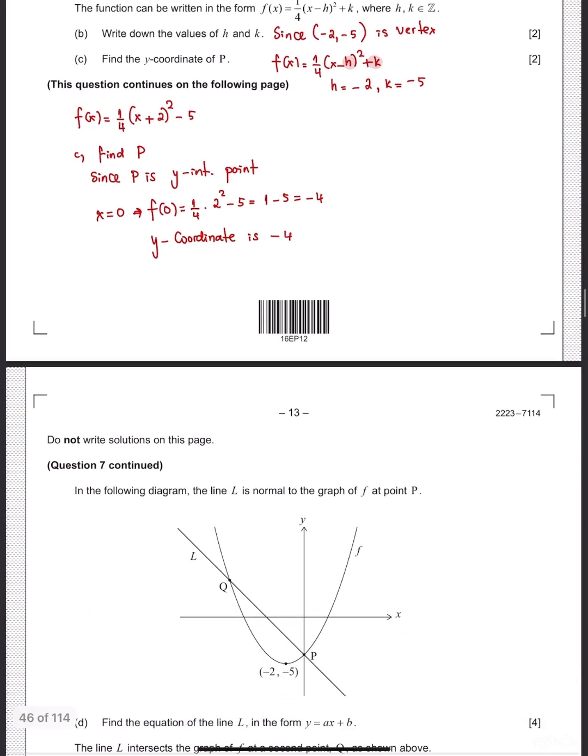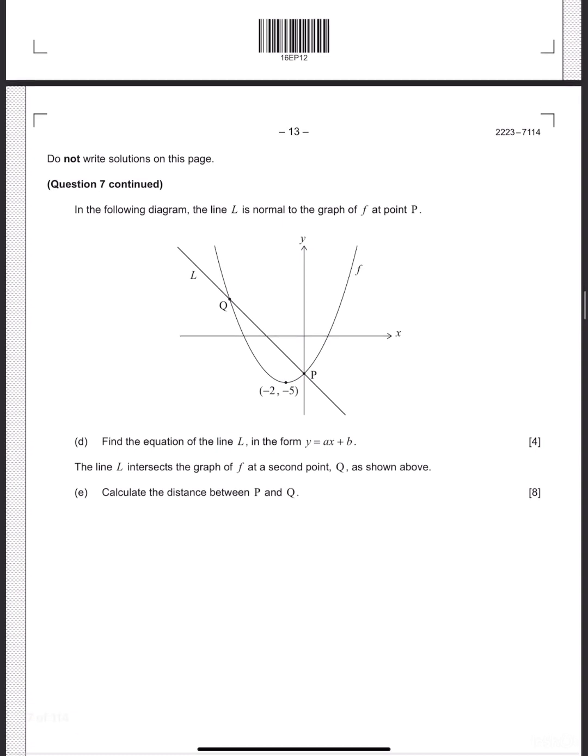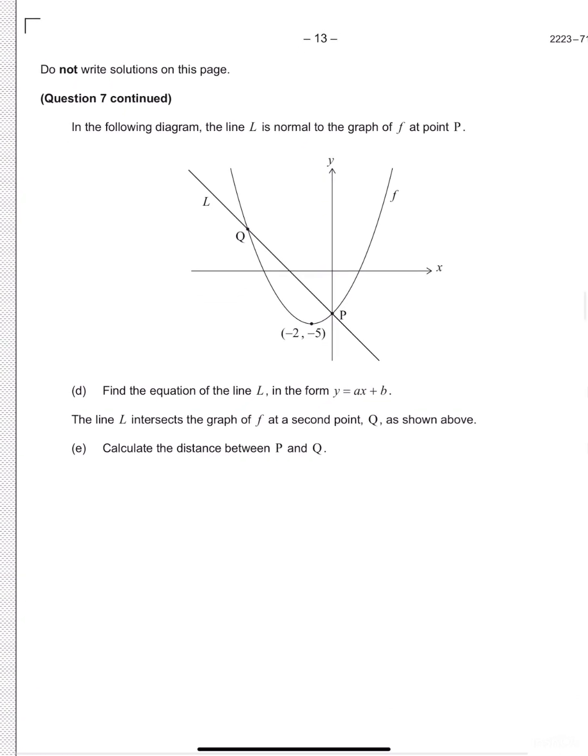Okay, they just ask you about the y coordinate. And for the next question, they ask us to find the equation of line L in the form y equals ax plus b.